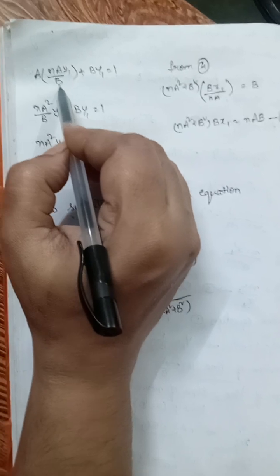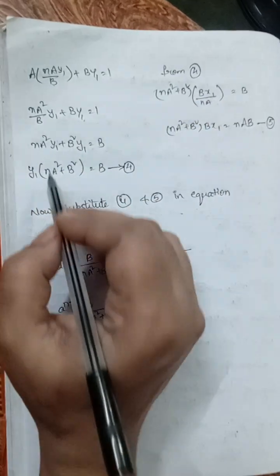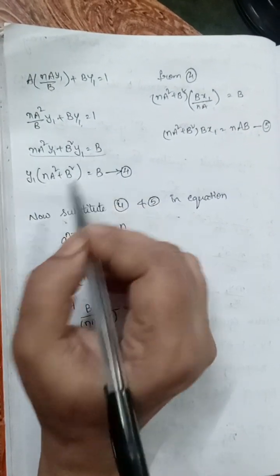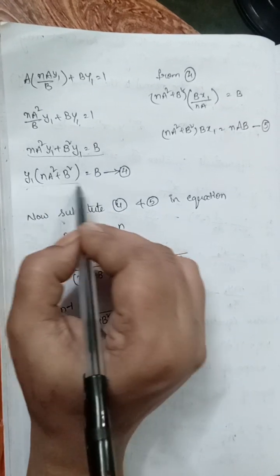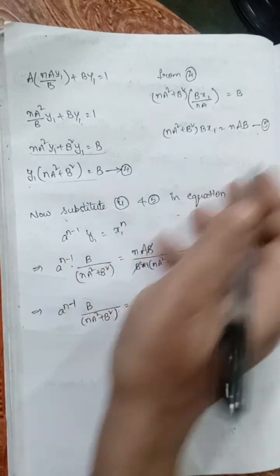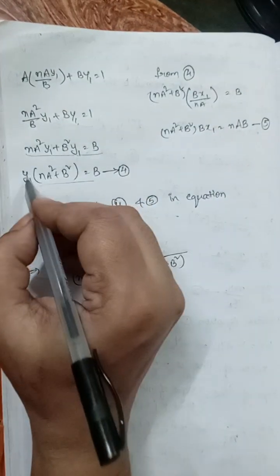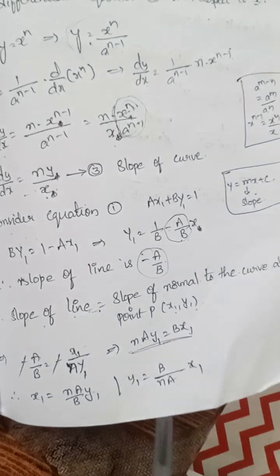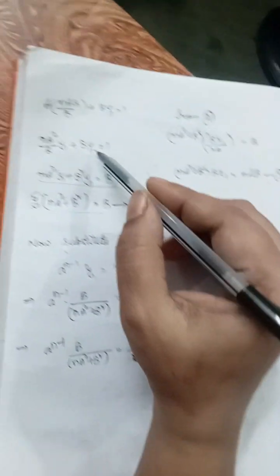Here in the denominator we are having b, so if you take the LCM, you will get this equation, and if you take y1 common, you will get equation 4. So again from 4, y1 is there. In the previous solution we are having a y1 value also. Now this y1 value must be substituted in the place of y1.